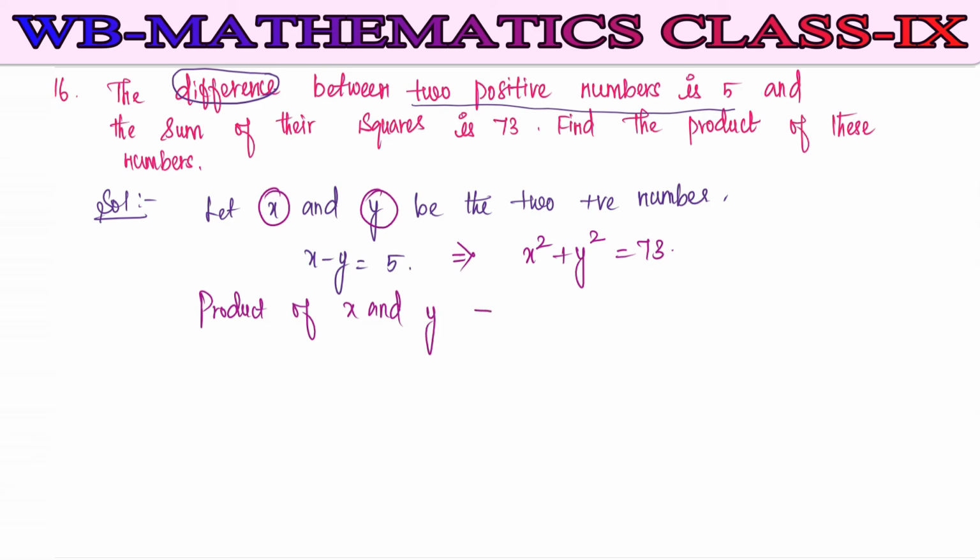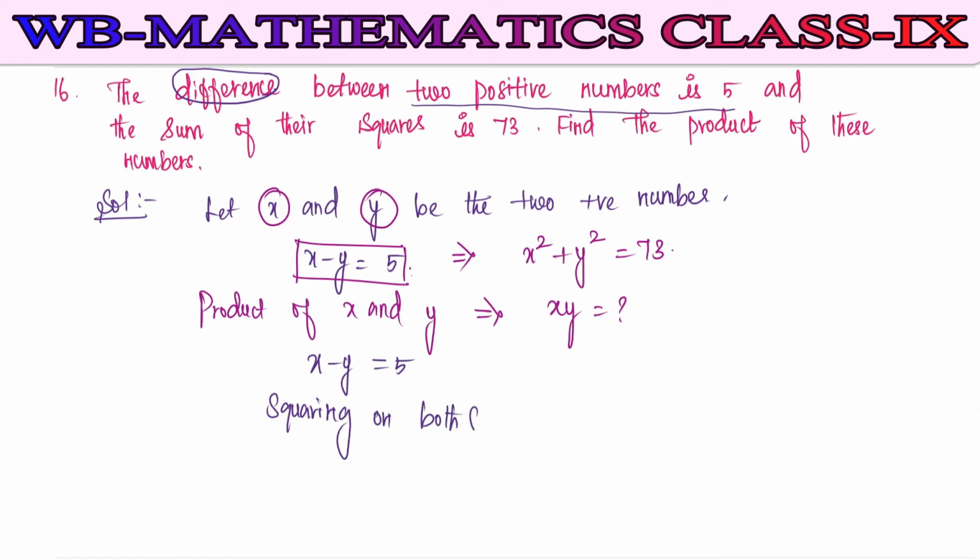It is nothing but we need to find the value of xy. So here the first they have given x minus y is equal to 5. I am taking this expression and I am going to square it. Squaring on both sides, we are going to get x minus y whole square is equal to 5 square.